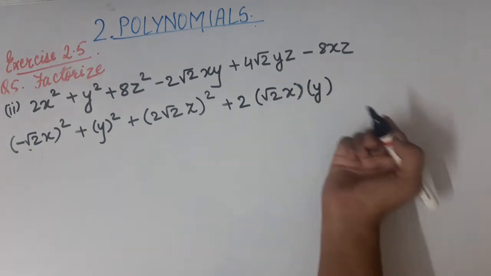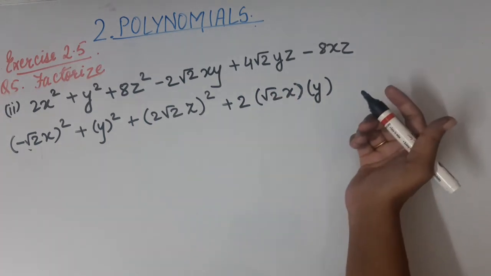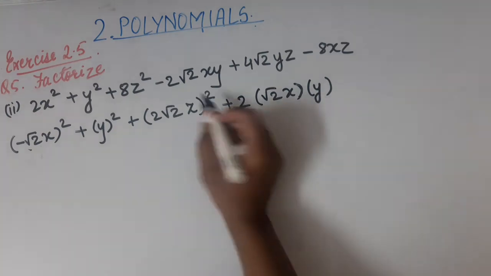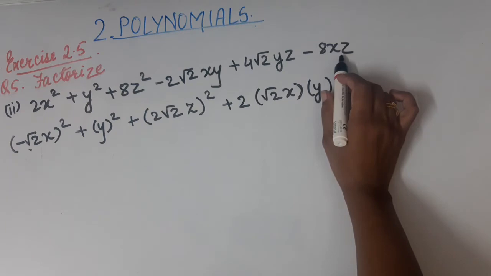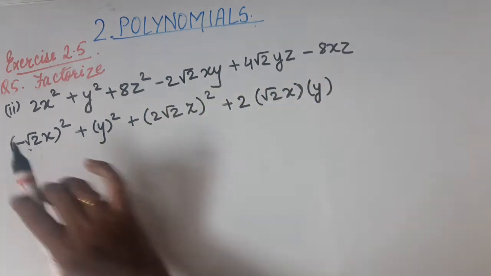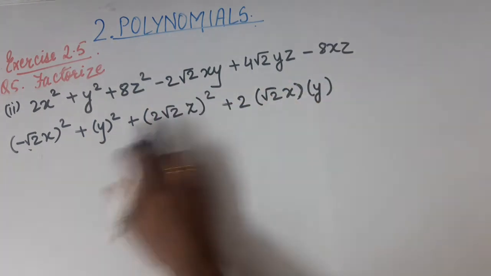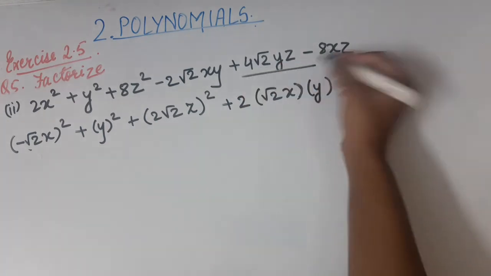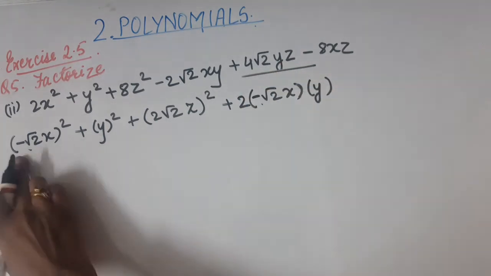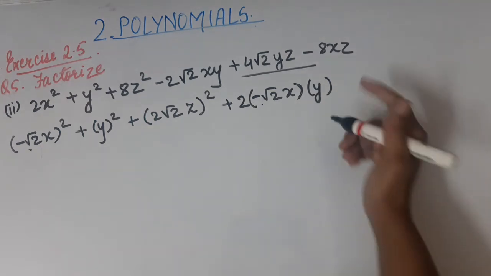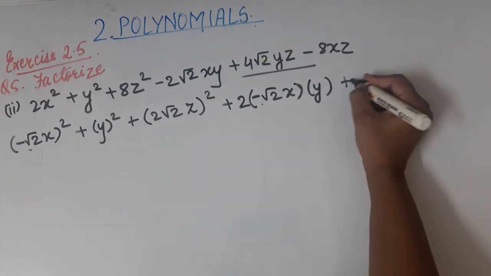And here this is AB, this is BC, this is AC. AB. So A is negative. A into B. Then check for this. This will be minus. A is now minus root 2x, so it will be minus. Then plus 2 into BC.